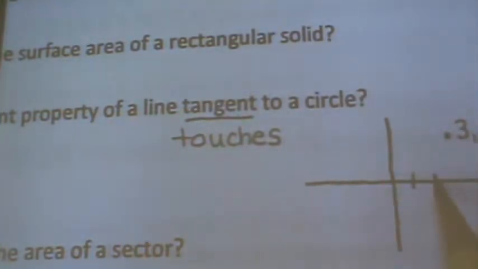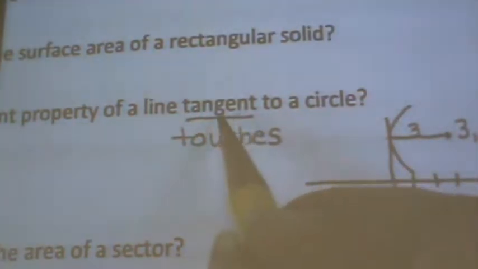So over 3 and up 5, and if it's tangent to the y-axis, it goes like this. It forms a perpendicular segment here with the y-axis. So in other words, what we know about this is the radius is 3. So that's helpful. Tangent means touches.